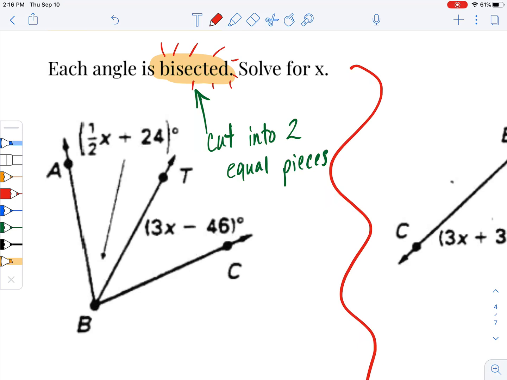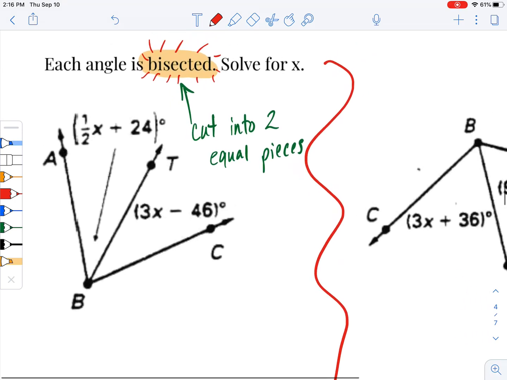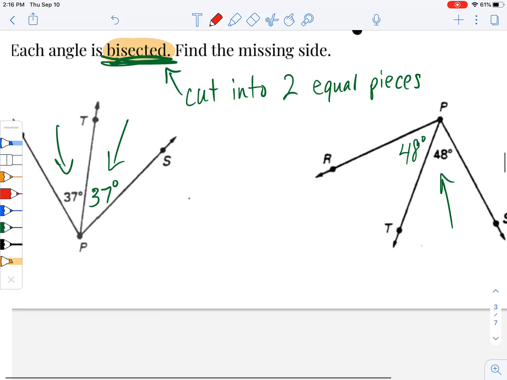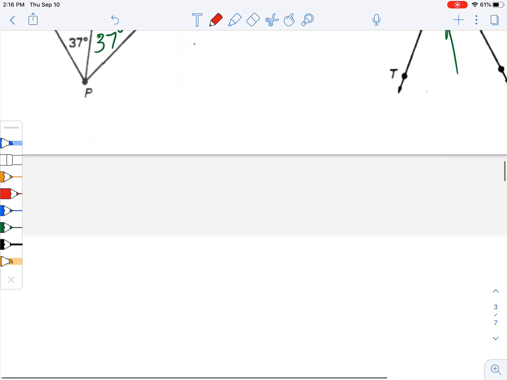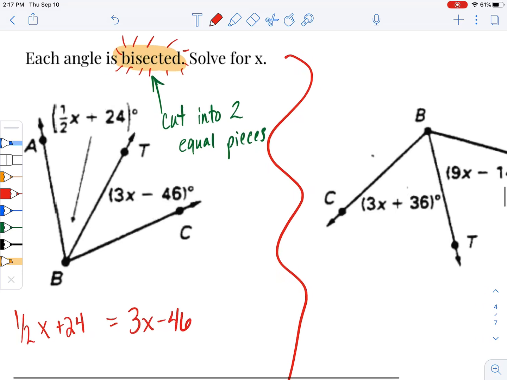Bisected means to set these two pieces equal to each other, because like we saw before, 37 was equal to 37, and 48 was equal to 48. Same idea down here. If this is bisected, then 1/2 x plus 24 equals 3x minus 46.